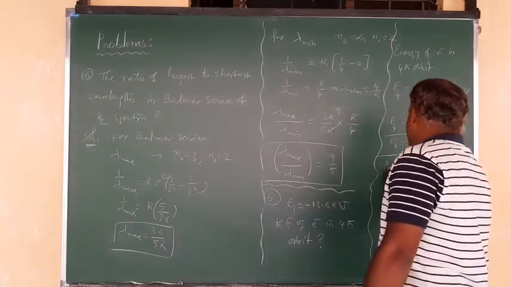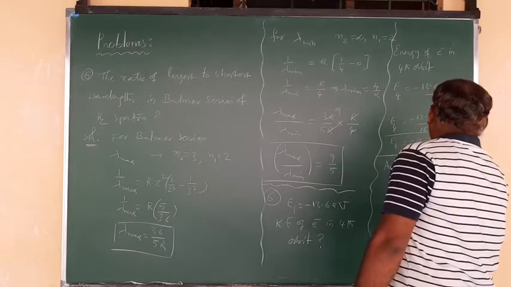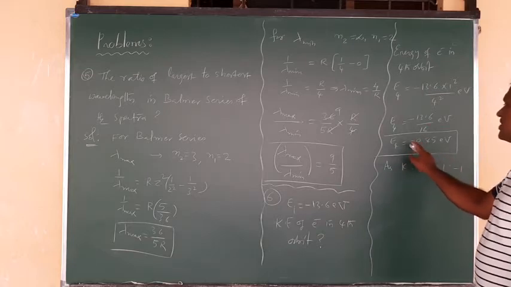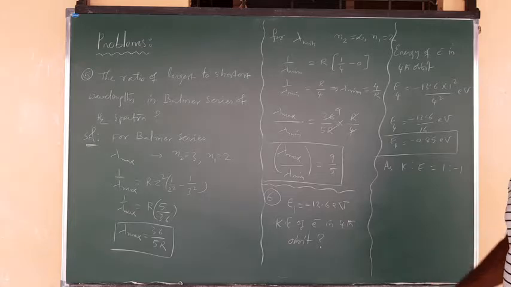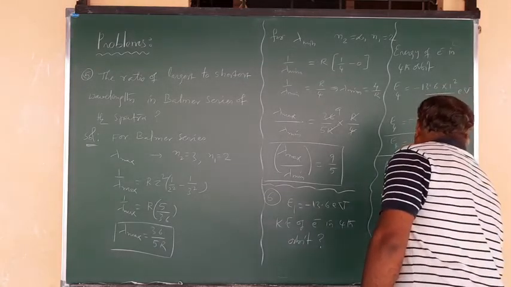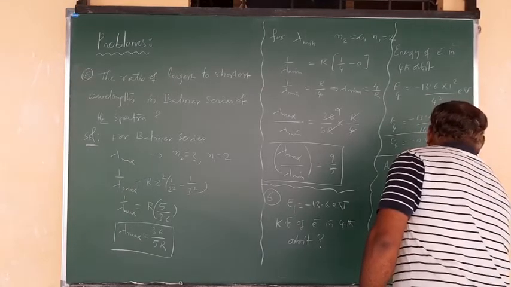Kinetic energy to total energy is 1 is to minus 1. Therefore the total energy has a minus sign, and the kinetic energy is the same value without the minus. So the kinetic energy of the electron in the fourth orbit is 0.85 electron volts.